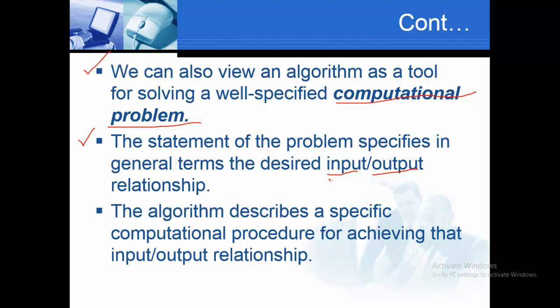We need to provide the desired input, for example the name of the passenger, the age of the passenger, the destination, etc. Then the algorithm will provide the result we want, for example in the form of a ticket. So the algorithm describes a specific computational procedure for achieving the input-output relationship. There must be a relationship between inputs and outputs, and it's the job of an algorithm to do that.